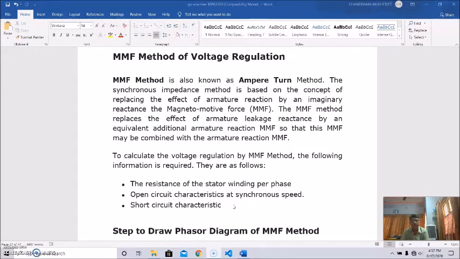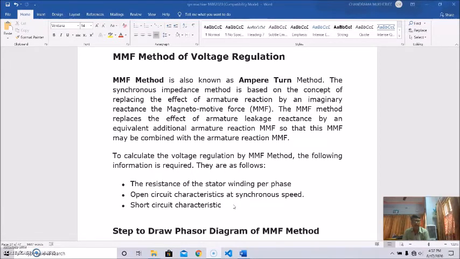Once again, in this method the armature leakage reactance is being replaced by an equivalent additional armature reaction MMF.